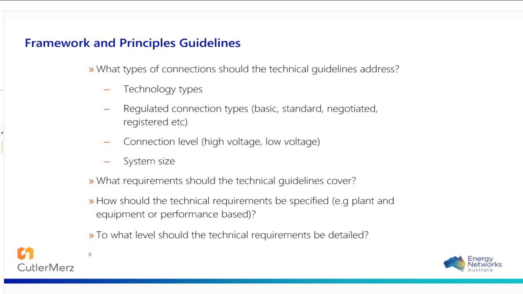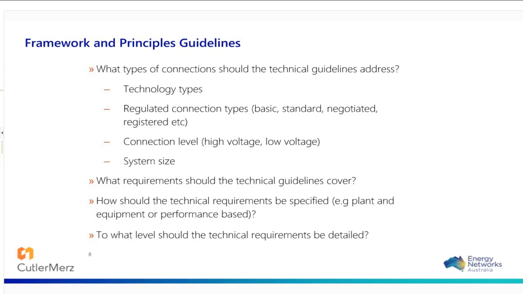So I guess if we go down the path of specifying plant and equipment, that will be highly specific, that perhaps the manufacturers of this equipment would prefer, but network service providers are more likely to prefer potentially less specific, more performance-based requirements. So we'll be engaging to determine how we are going to specify the precise technical requirements.